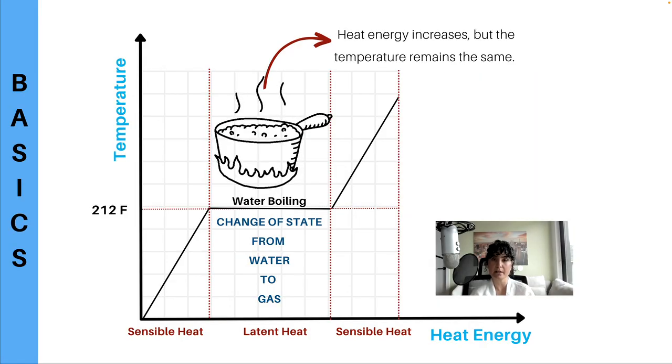Now it starts to become gas, not liquid anymore. During this change of state, latent heat increases, but temperature does not change. It's stable. So the heat energy is increasing, but the temperature remains the same.